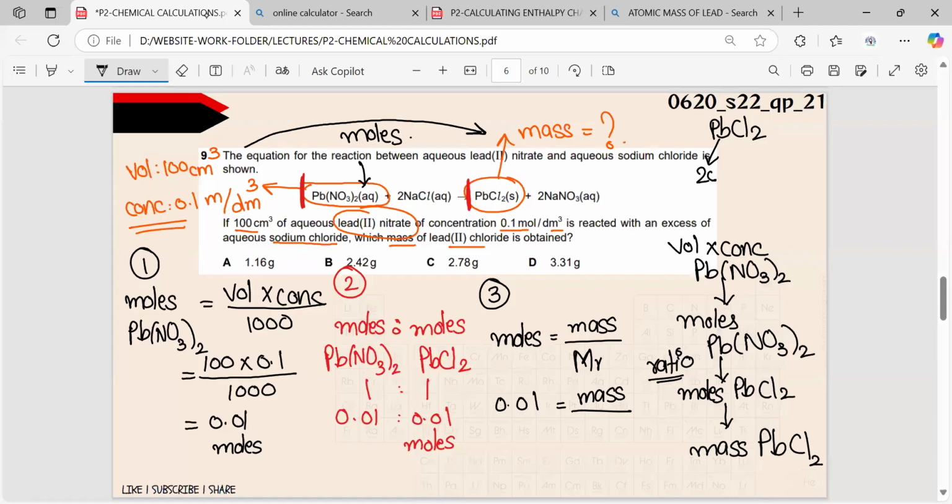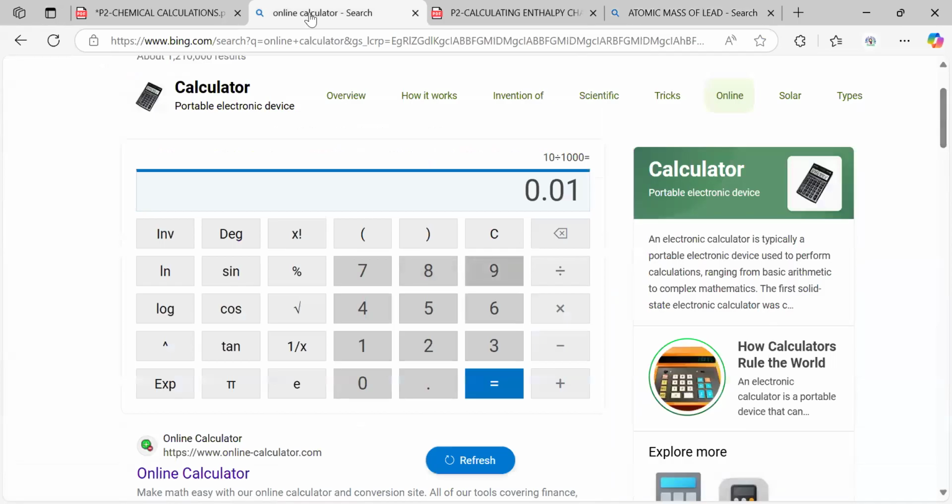So 207 plus 35.5 for chlorine multiplied by 2. So we'll do 35.5 multiplied by 2 for chlorine plus 207, 278.